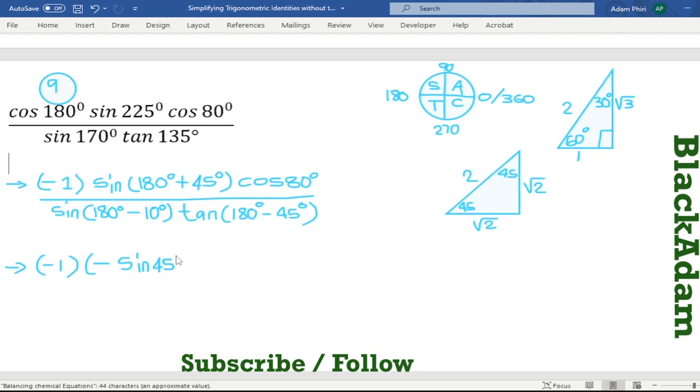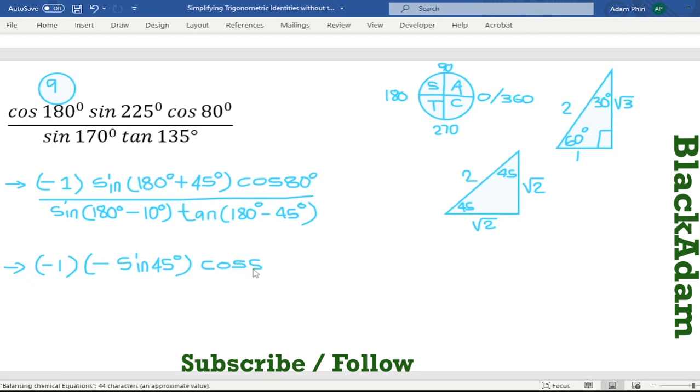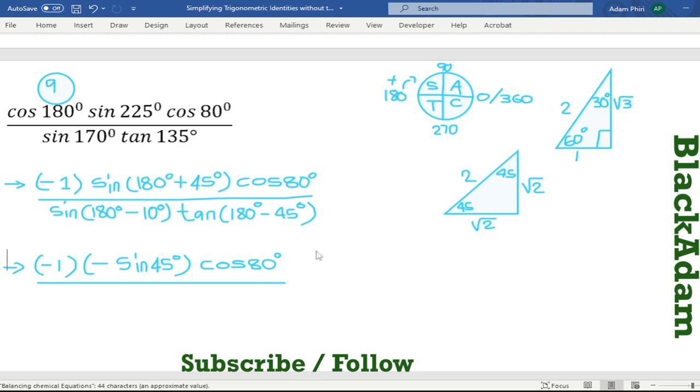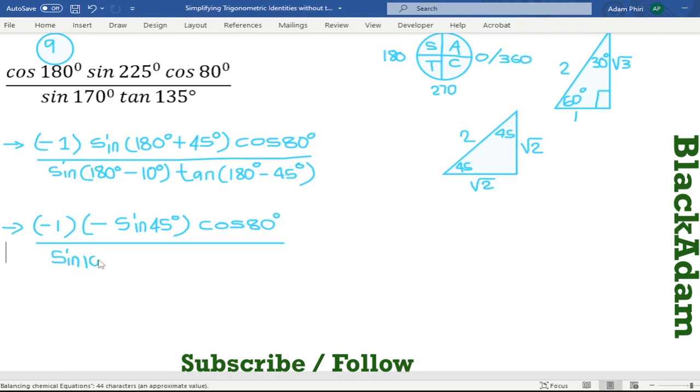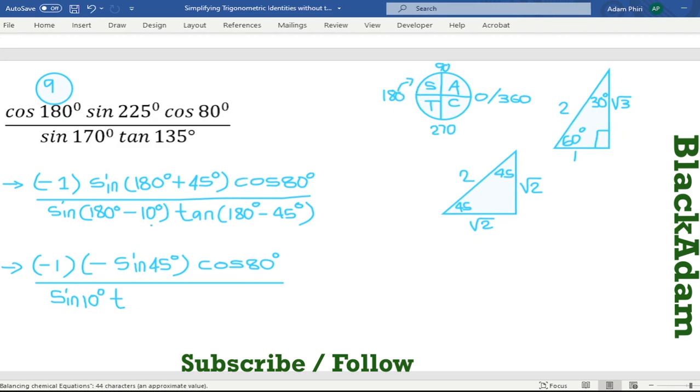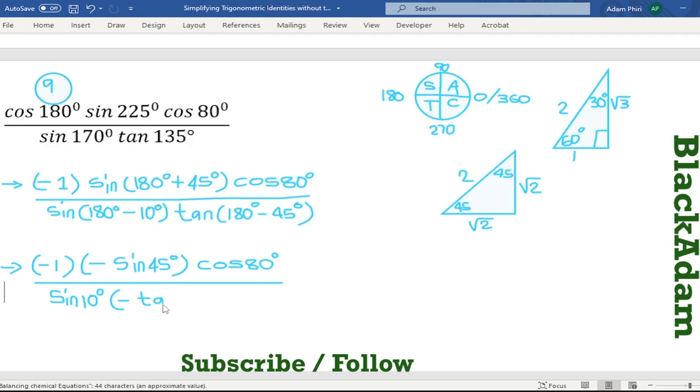sine 45 degrees, and then that will be cos 80 degrees, all over sine 10 degrees, and multiplied by negative tan 45 degrees.